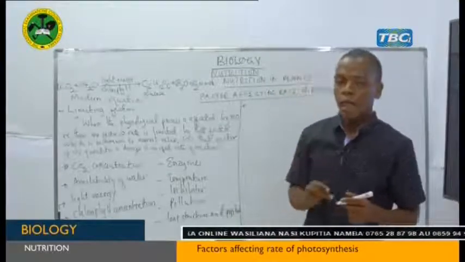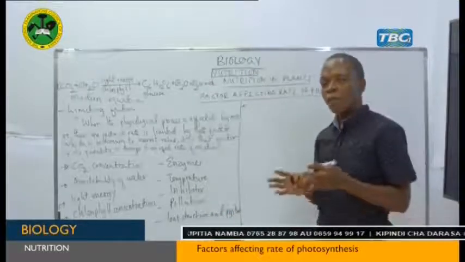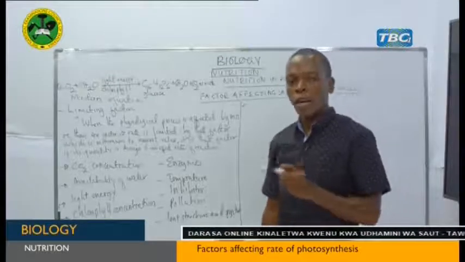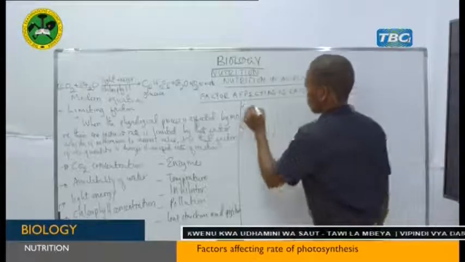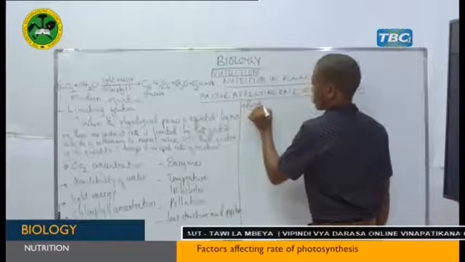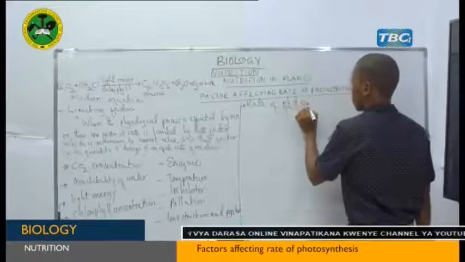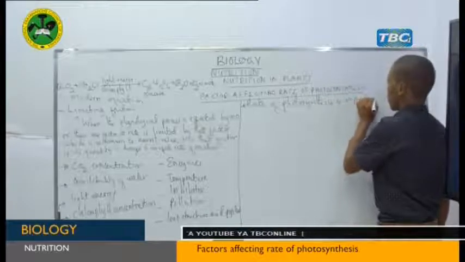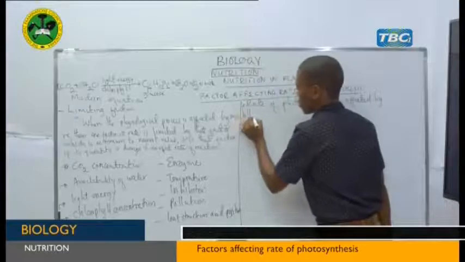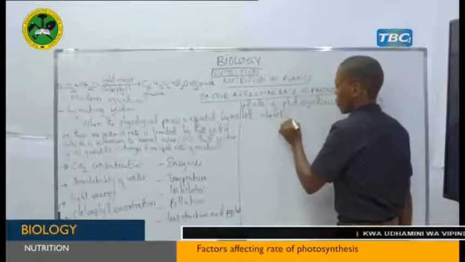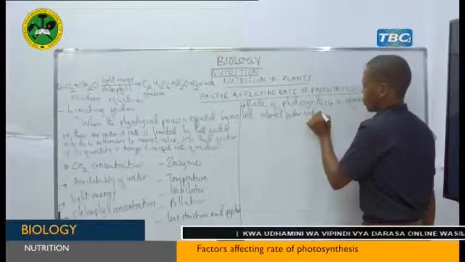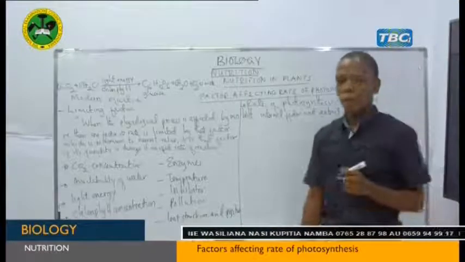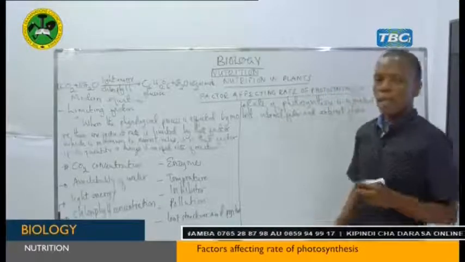But these factors are grouped into two main categories. We have internal factors which affect the rate of photosynthesis, and we also have external factors. Okay, internal factors and external factors.